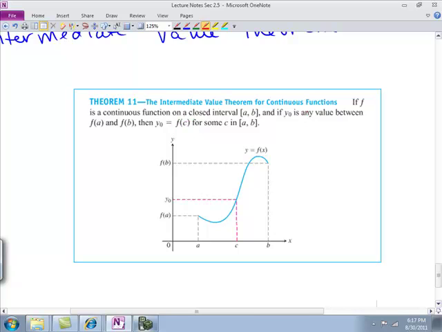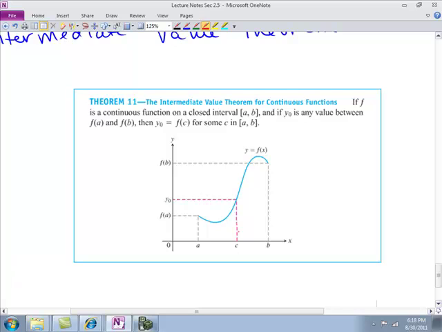Okay, a lot of letters, a lot of talk. What that's meaning, here we've got this distance between A and B. And here's f of A. That means if you plugged in A in the function, you get this value at f of A. And if you plugged in B, you get this at f of B. It's saying if that's true, and the whole thing is continuous in the whole interval, then for a C here, there's got to be a y value in between f of A and f of B that meets up with a C value that's between A and B. It sounds kind of common sense, really, doesn't it?